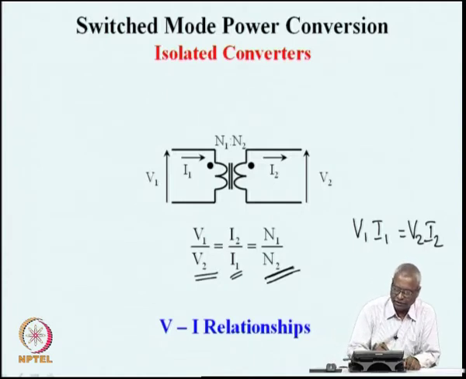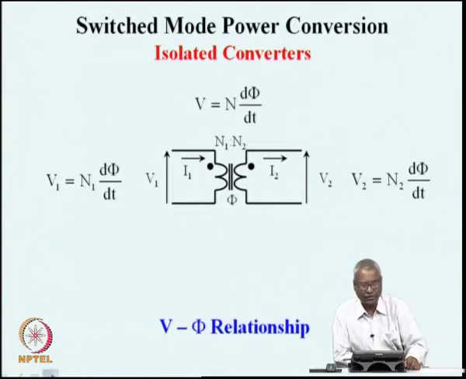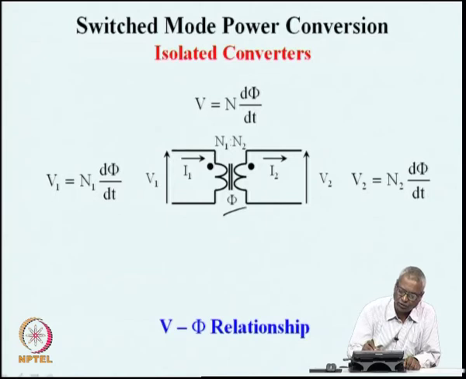The VI relationship of a transformer is given by the number of turns in the primary and in the secondary. There is also a relationship between the excitation voltage and the flux in the core.